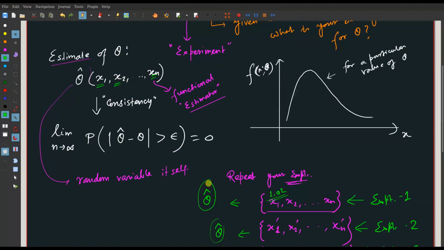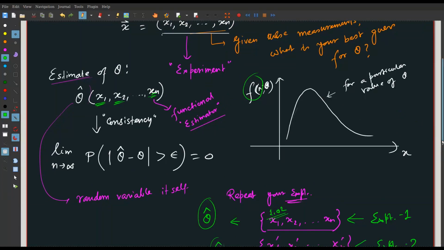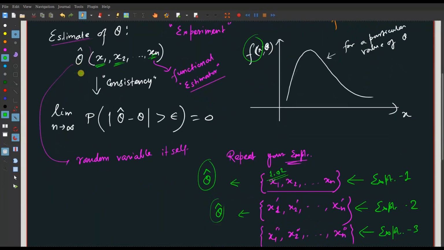So if you have constructed a functional form of this theta hat involving x1, x2, dot dot dot xn, since these x values are sampled from f_x, which implicitly depends on theta, that means this theta hat is a random variable which will give you different values every time.